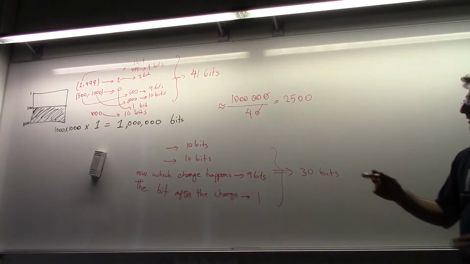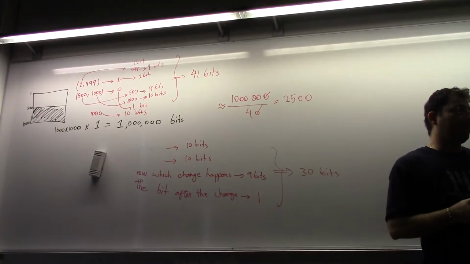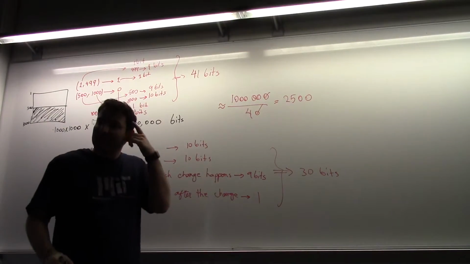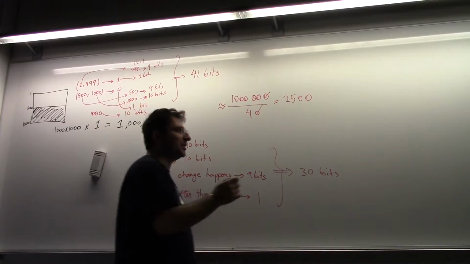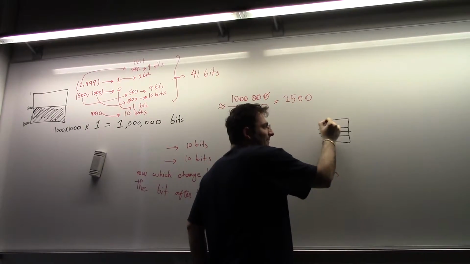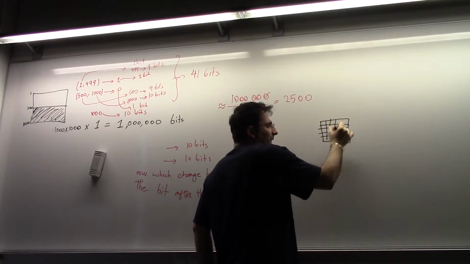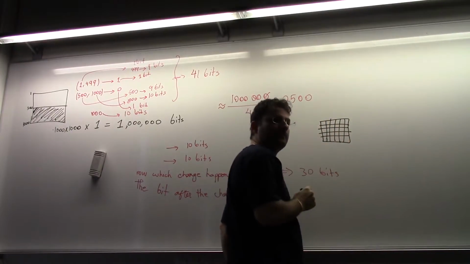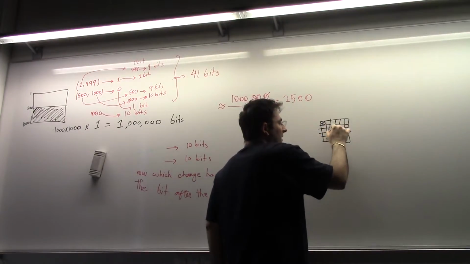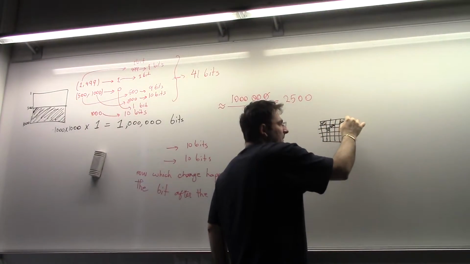But again, this was a very nice image. This logic, which is very simple and straightforward, will miserably fail if I have, let's say, a 5 by 5 image, and I randomly have blacks and whites, right?